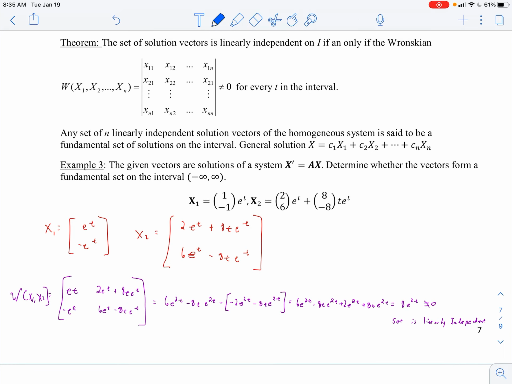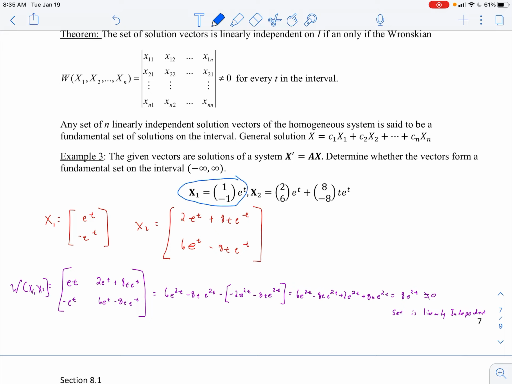We're going to take our two solutions, x sub 1 and x sub 2, and first write those in matrix form. All I did was multiply the scalars and combine them. Then I wrote out the solution for the first one, and the solution for the second.